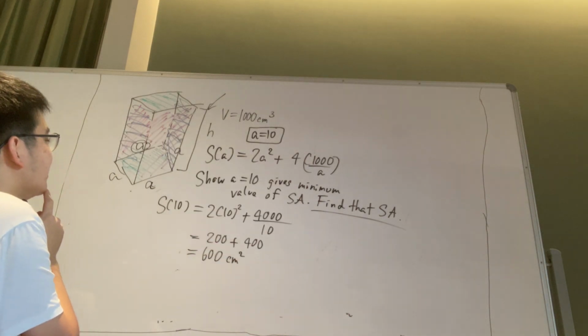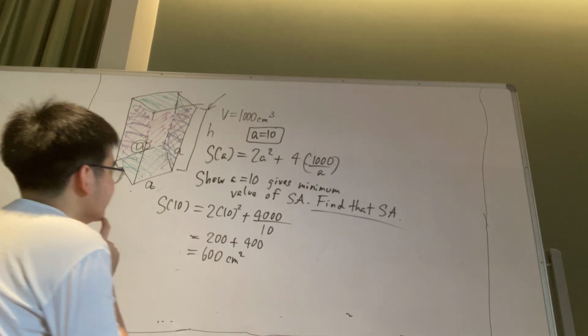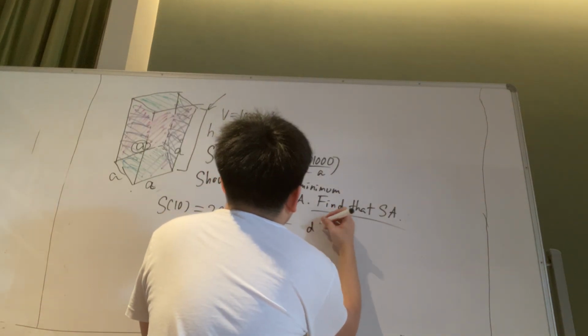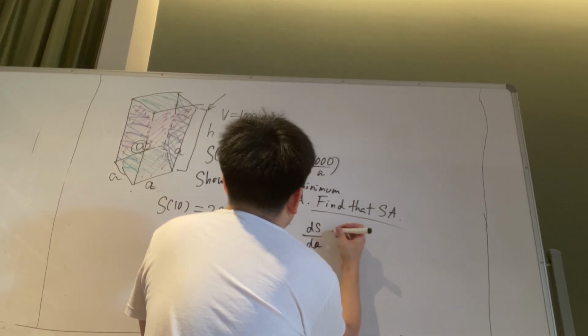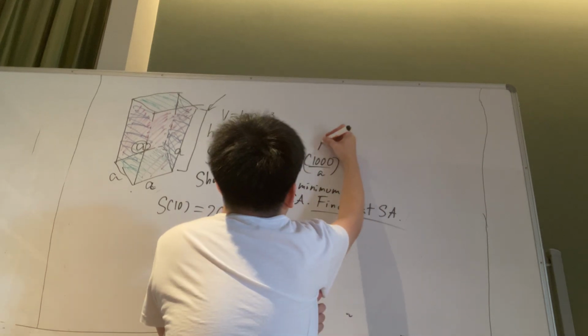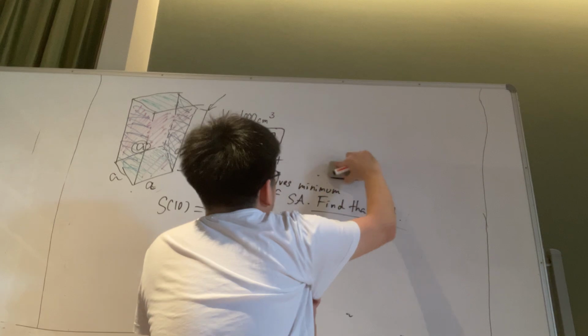I think I did. I erased all that hard work. Damn, what a waste. Now I have to redo everything again. Okay, fine. dS/dA. Okay. 4,000 a to the negative 1.